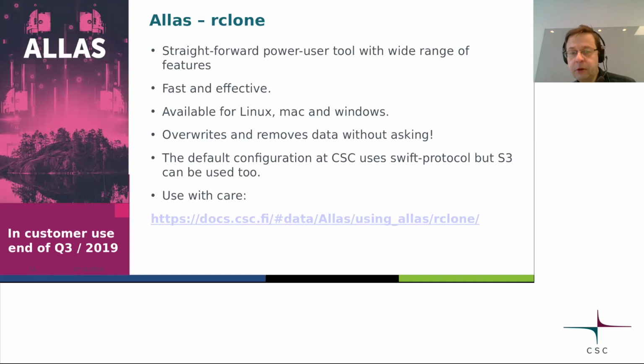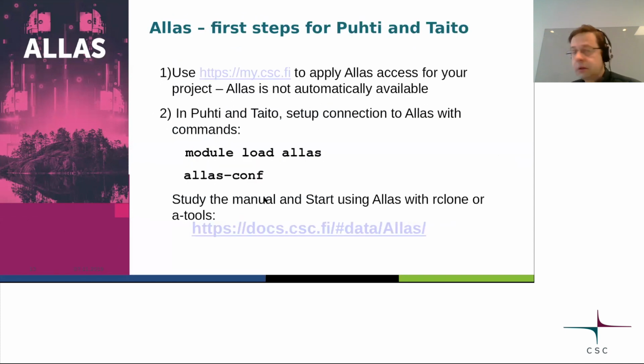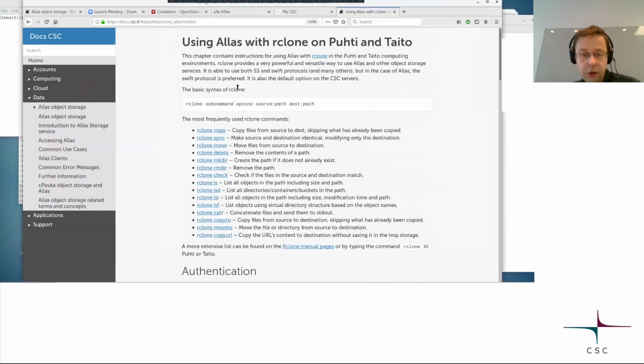In principle, you can configure rclone using also S3 protocol, but in the CSC environment, we are using Swift protocol. And the documentation can be found here. Let's see. So here's the rclone documentation.